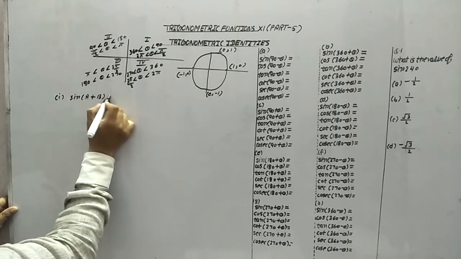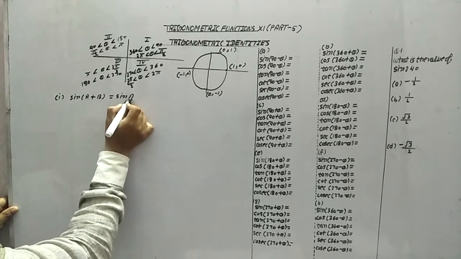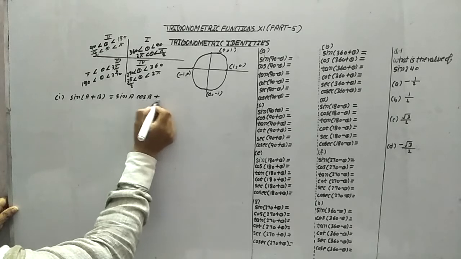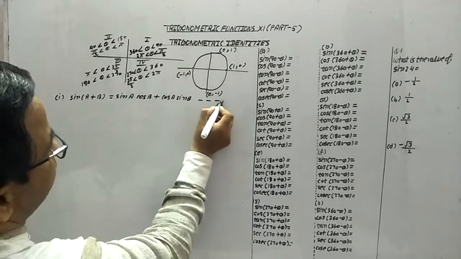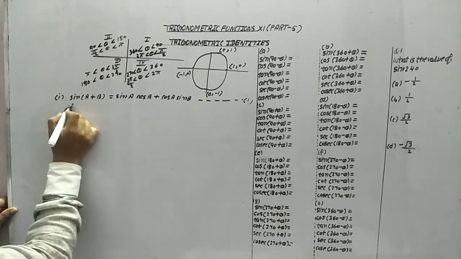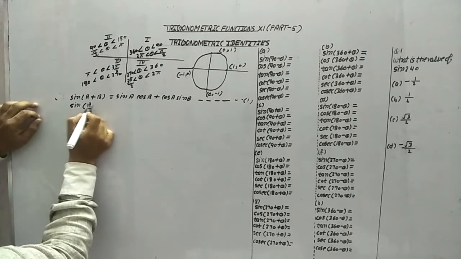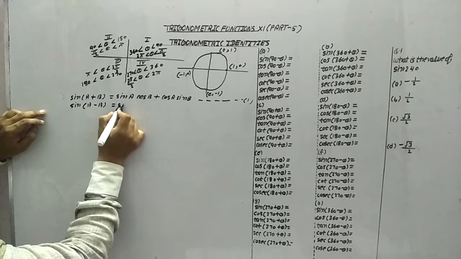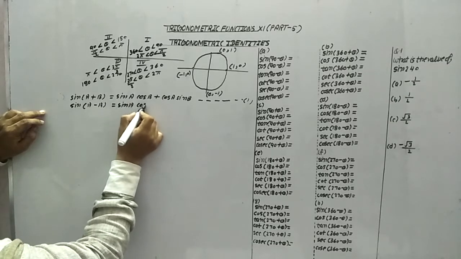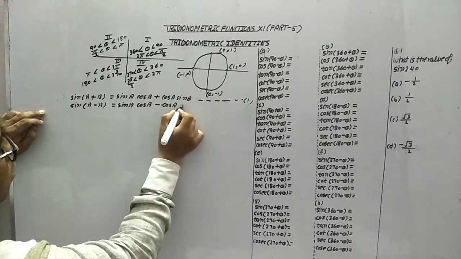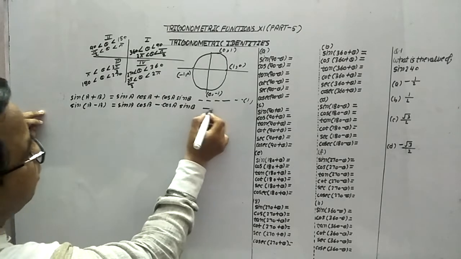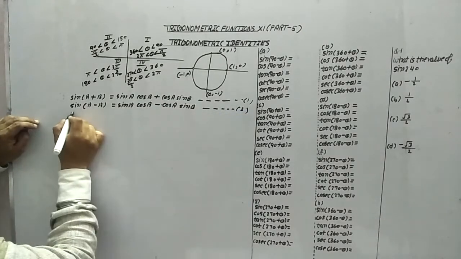Sin a plus b is equal to sin a cos b plus cos a sin b. Let us suppose this is equation number 1. Then sin a minus b is equal to sin a cos b minus cos a sin b. This is the second identity, let us suppose the second equation.